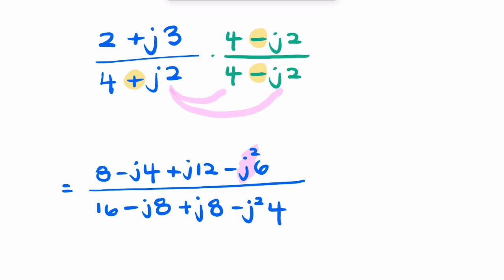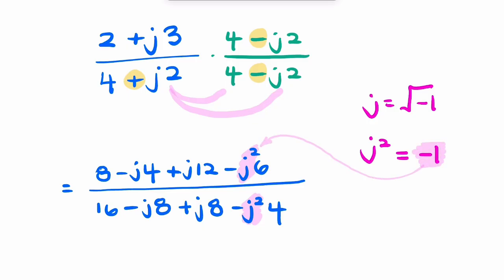Now, again, we've got this j squared term. Now remember, the definition of j is the square root of negative 1. So by definition, j squared is negative 1. So whenever we see j squared, you can replace that with negative 1.